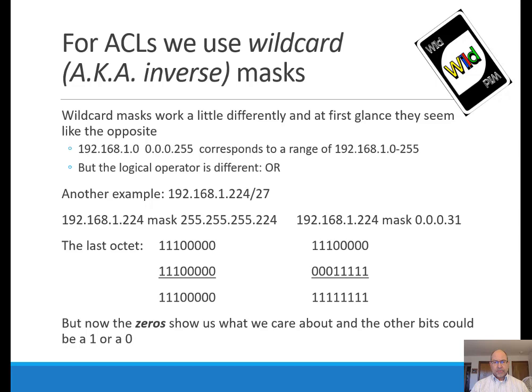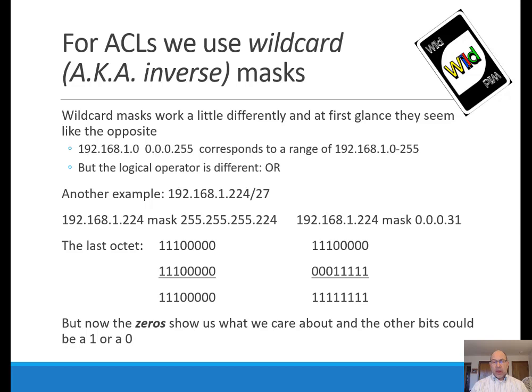So let's do a little bit more detailed example, or a little tougher example. If we have the address space below, 192.168.1.254, that's the network, and then we have a mask corresponding 255.255.255.224. What we wind up with is an ANDing operation that looks like that.